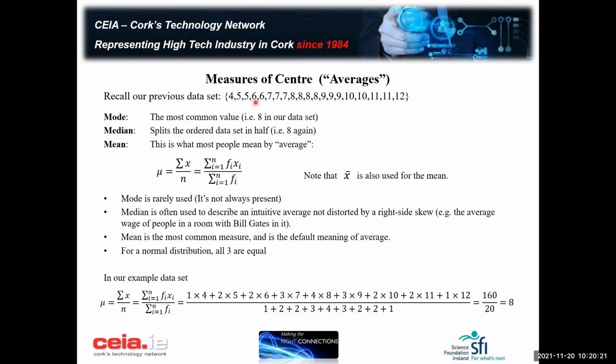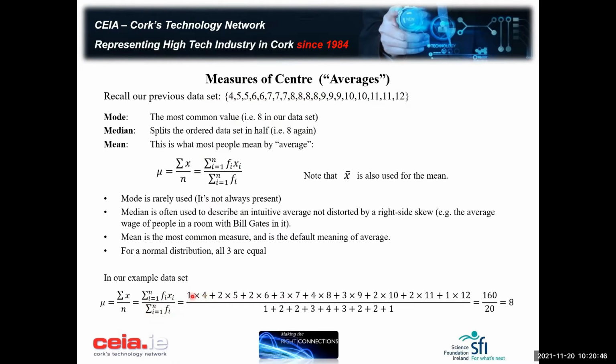If we look at our particular data set there, we can see how to calculate the mean. You could just add up all these numbers and divide by the number of numbers, the count, which is, I think, 20. But generally it's much quicker to multiply each data value by the number of times it occurs.